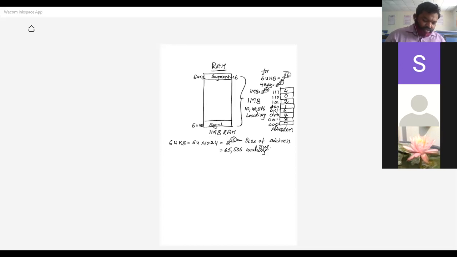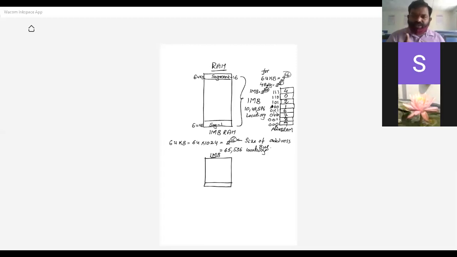In the memory segmentation, every memory location contains a 20-bit address, because this is a 1 MB RAM. To differentiate every memory location, I should give a 20-bit combination address only. Less than 20 bits I cannot use, because there are 10,48,576 locations.